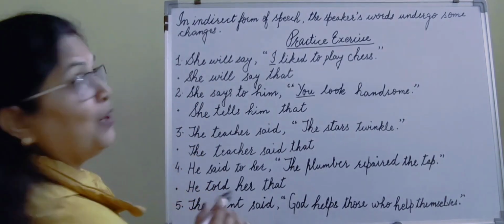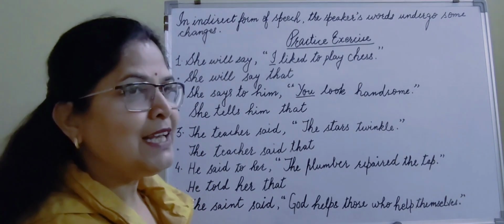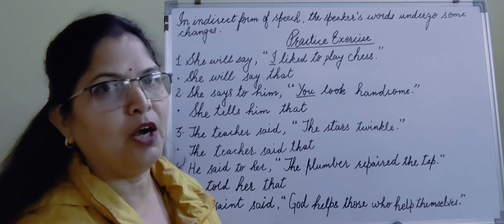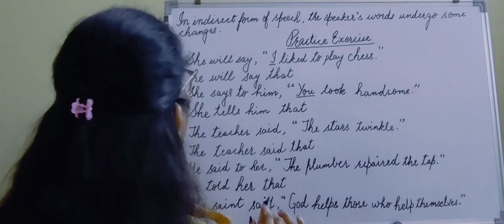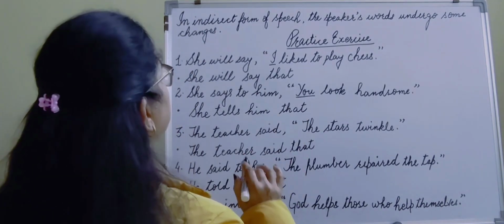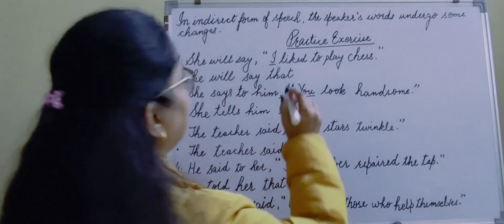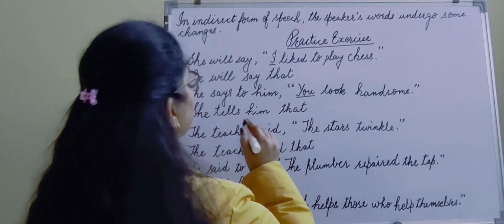Let's check now what you have done. See, honestly, put a cross if you have done wrong and understand what mistake you have made. She will say, I like to play chess. She will say that. Now, I will change according to she. So, what will happen?